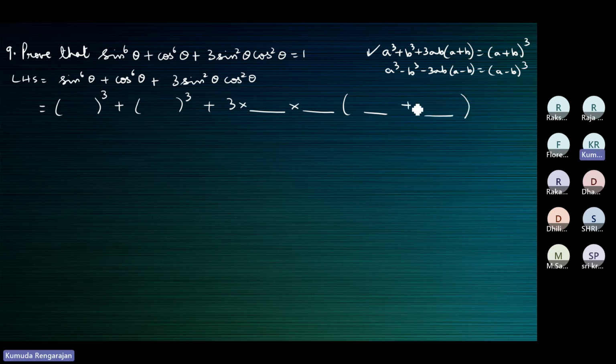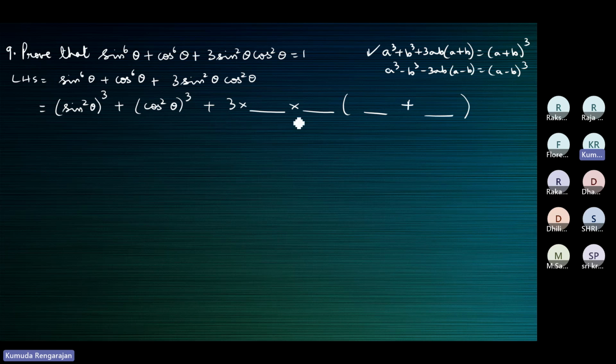We're trying to get all these terms. So a is sine square theta because 2 3s are 6, and b is cos square theta. 2 3s are 6. So now we identified a and b.